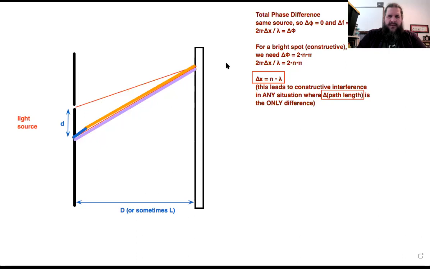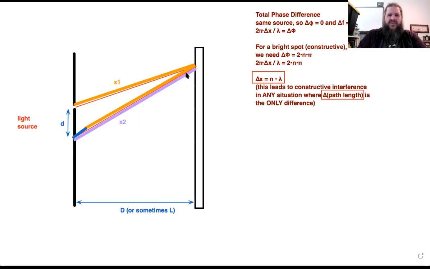Let me draw that back in again. So just to label these, we've got x1, the top distance, and x2 is the bottom distance, the distance from the lower slit to the point of interest.